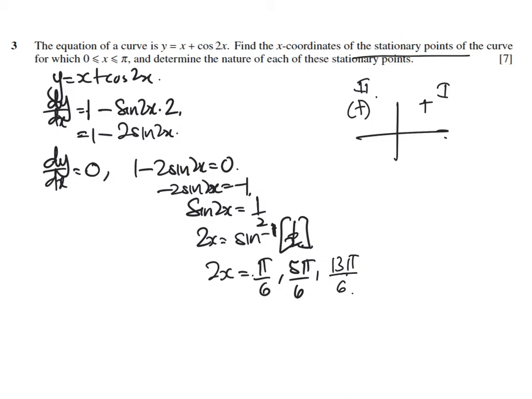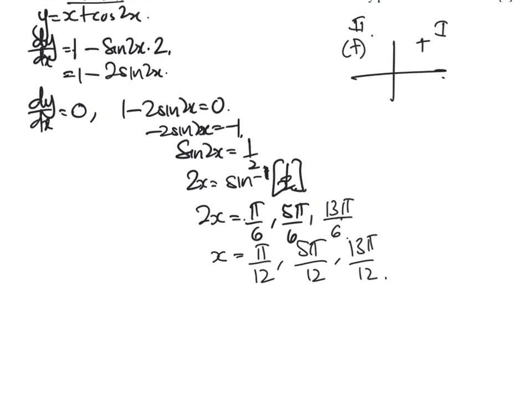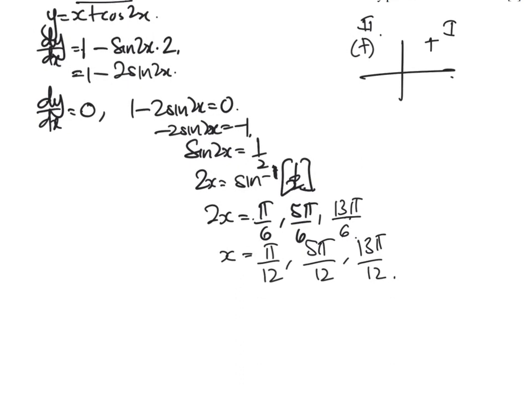But if you look at it, your x value is between 0 and pi, so you don't have to go anything beyond that. Therefore x equals pi over 12, 5 pi over 12 and 13 pi over 12, dividing by 2. Now which of these will be within 0 to pi?